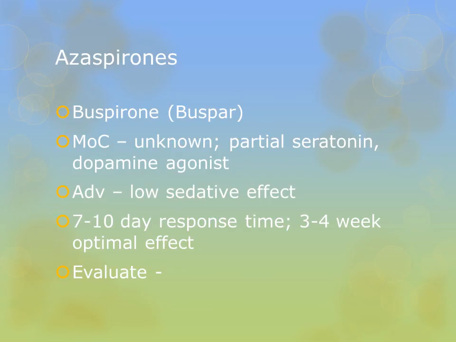What we do know about how it works is that it has some benefit to serotonin and dopamine, both of which, especially serotonin, are neurotransmitters that help to affect our mood.